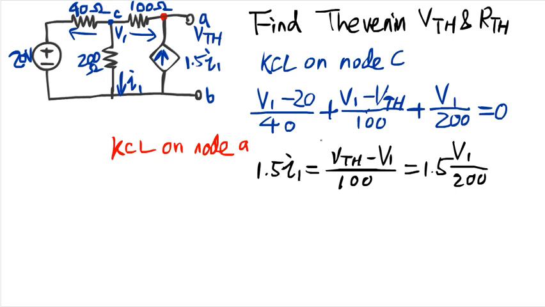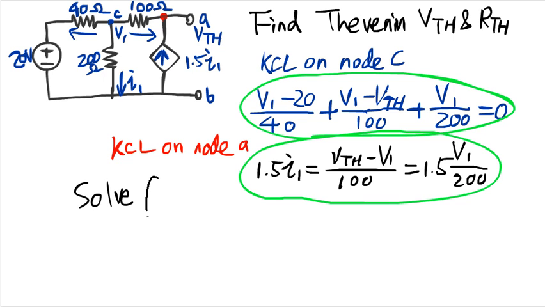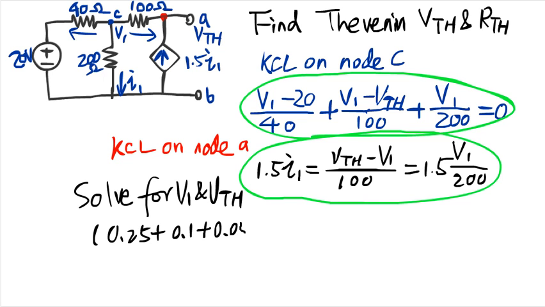So now we have two equations. One of them is this, and the other one is this. And we can use this to solve for V1 and VTH. Okay, and I'm just going to write it down very quickly here.